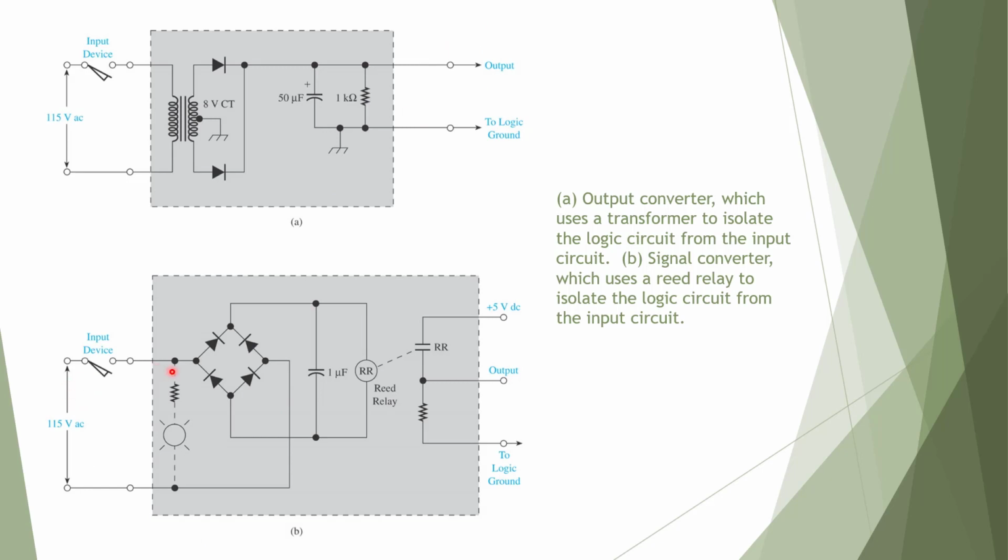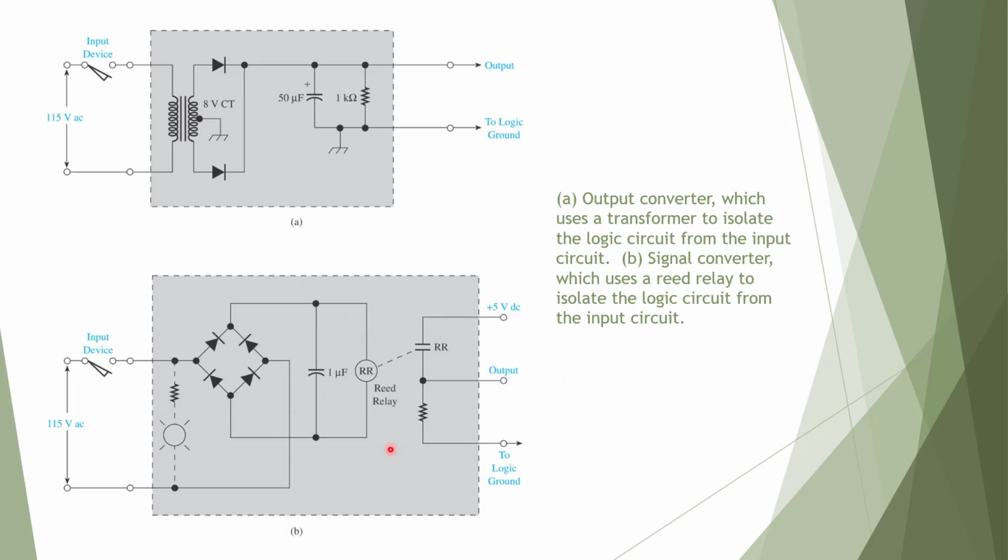Here's a different type. 115 volts, converting to DC right away. And I'm using this DC power to pick up a relay. And the relay contacts are hooked to a 5 volt power supply of that digital logic system, and I'm taking it and feeding it back into my digital system.